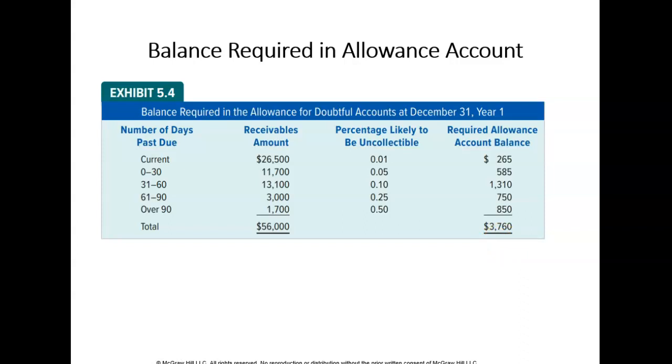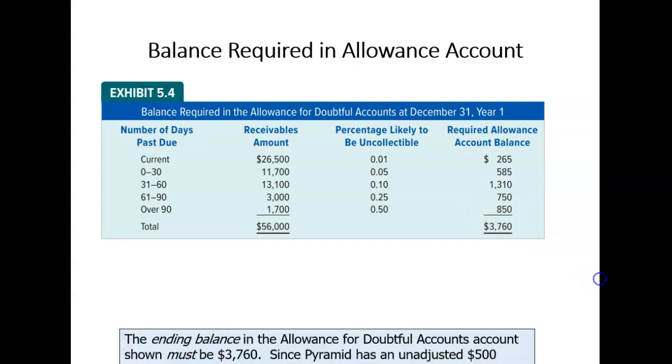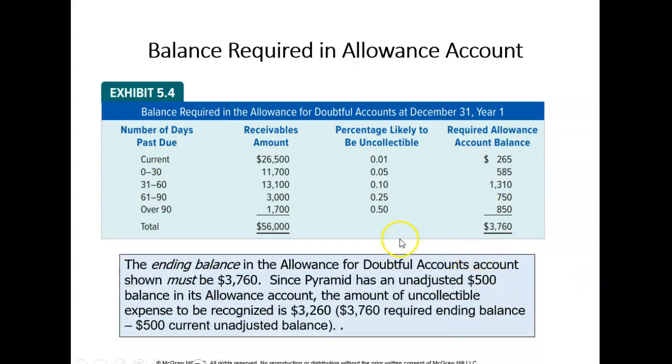So now we're saying the allowance has an ending balance of $3,760. Remember, the account had a balance already of $500 at the beginning of the period. Therefore, the expense amount we're going to recognize is the difference, $3,260.